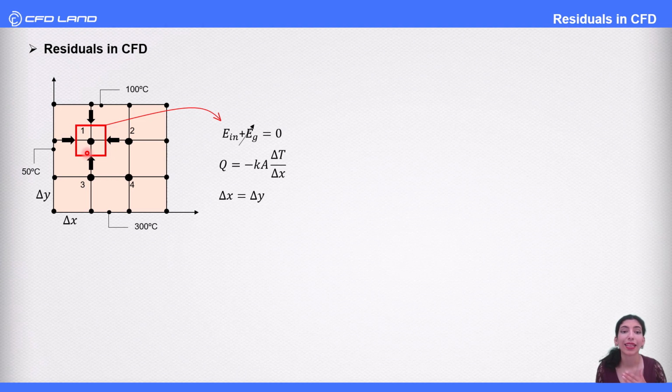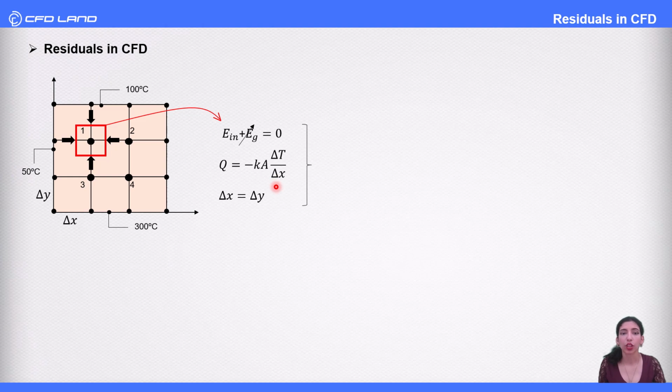So it says that the summation of inlet energy equals to 0. It means the energy that comes from left, right, down, up. And for our heat flux, we have Fourier's law, minus K A delta T by delta X.